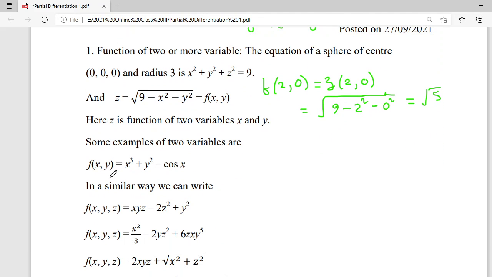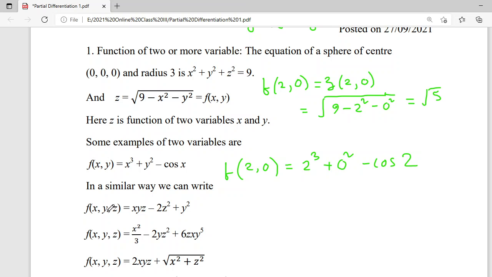In a similar way, if we write f of x, y is equal to x cube plus y square minus twice cos x, then what do we write here for f of, say, 2, 0? In place of x we write 2, so it is 2 cube plus 0 square minus cos of 2.